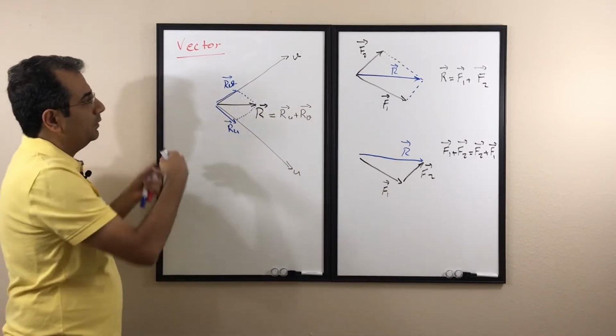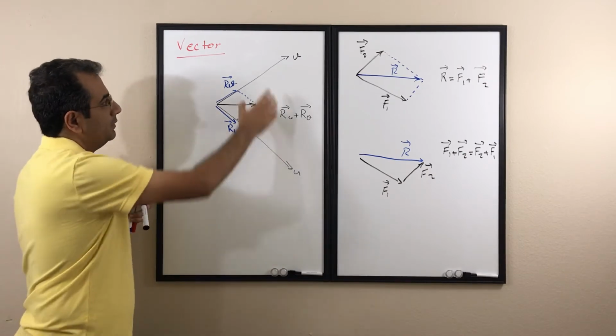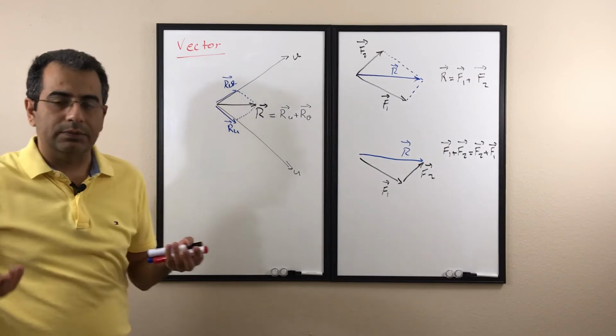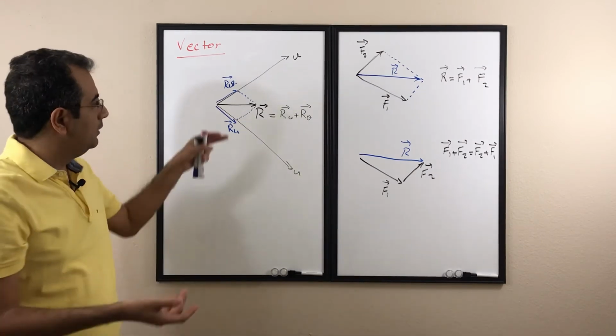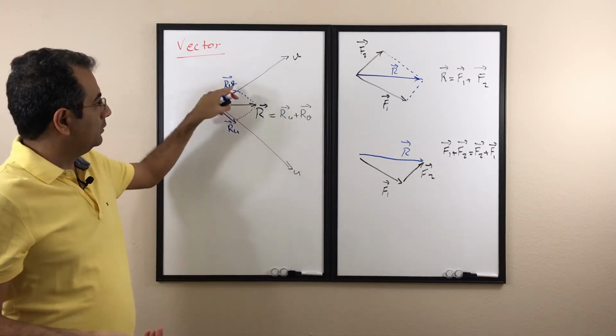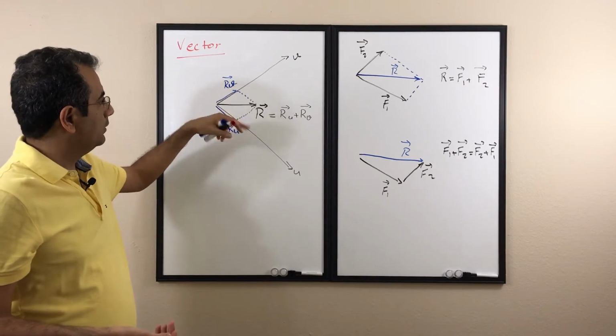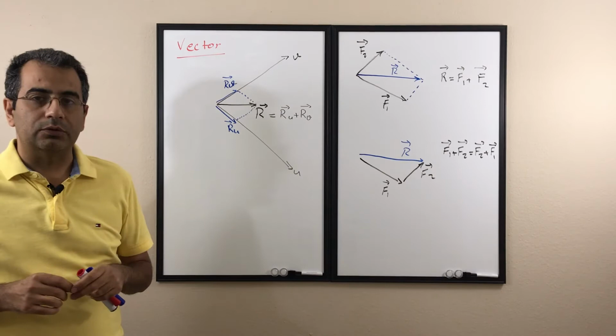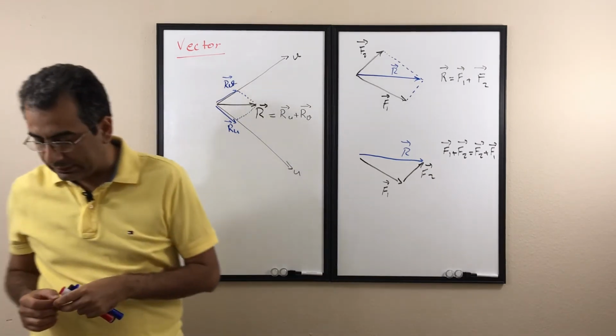So that's how we are going to decompose it. It doesn't matter how these U and V axes are or what the angle between them is. You just draw two parallel lines and then project the vector on those new axes.